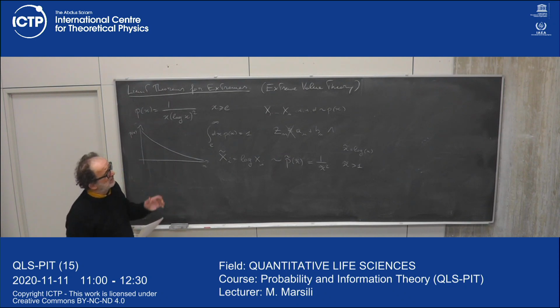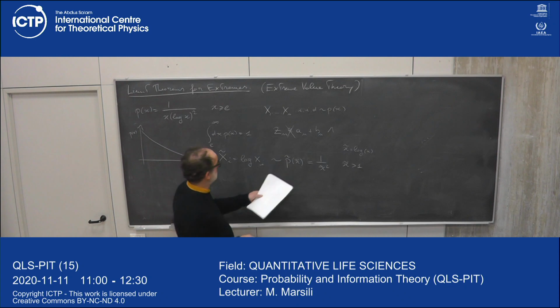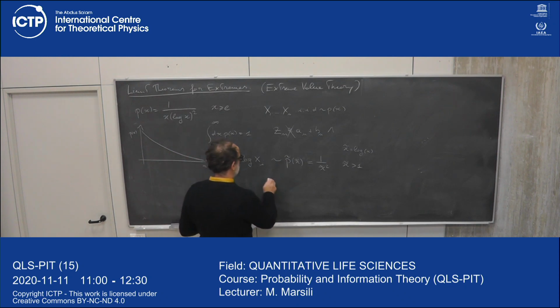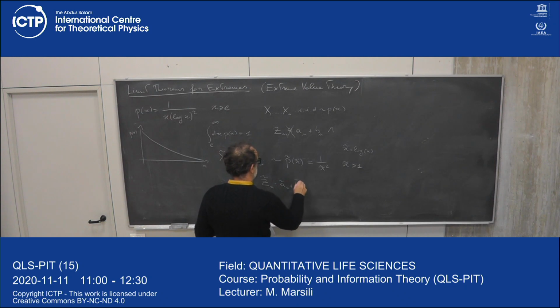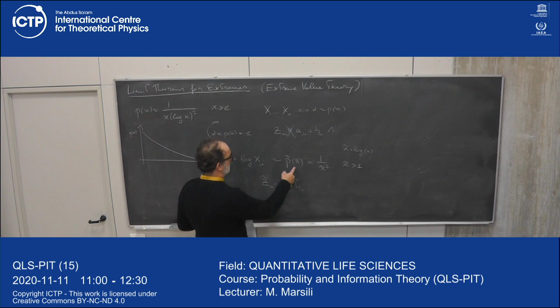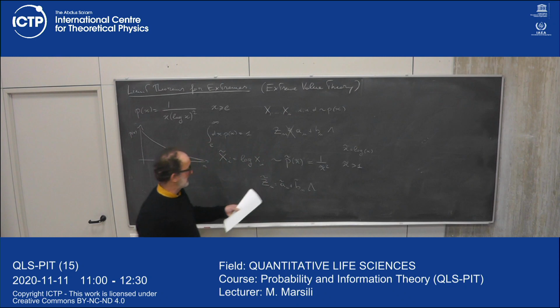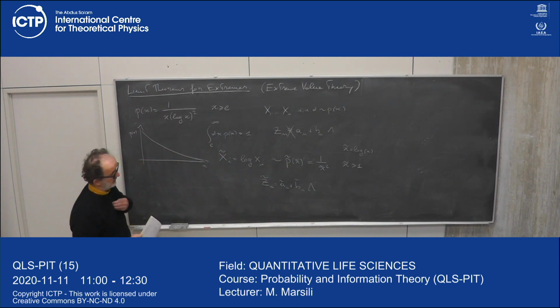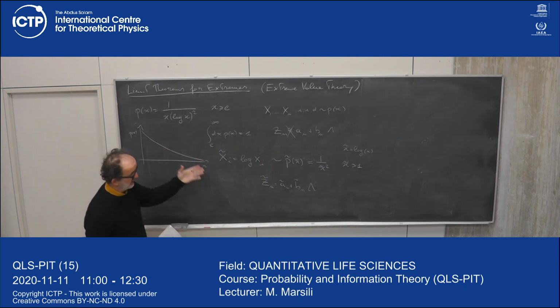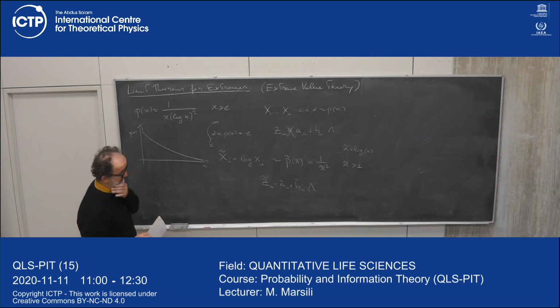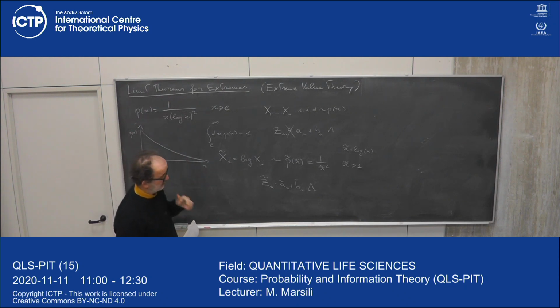Okay, so now I can ask myself, what is the maximum of n IID random variables drawn from this distribution? And this has a clear answer, because it falls in the first case that we have discussed.